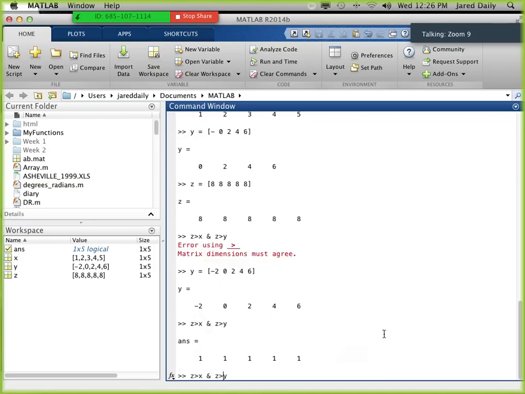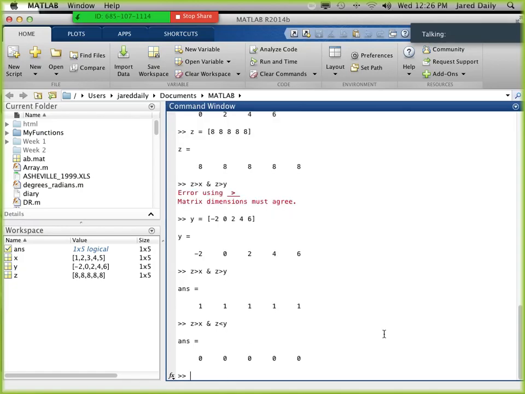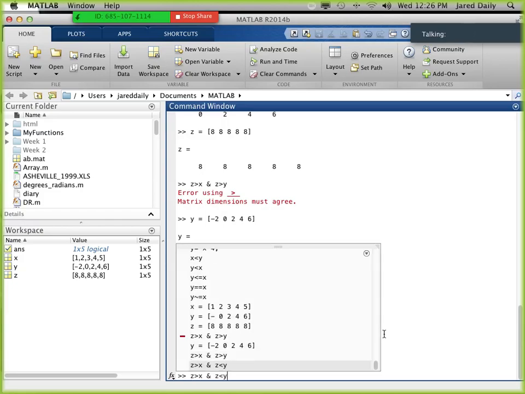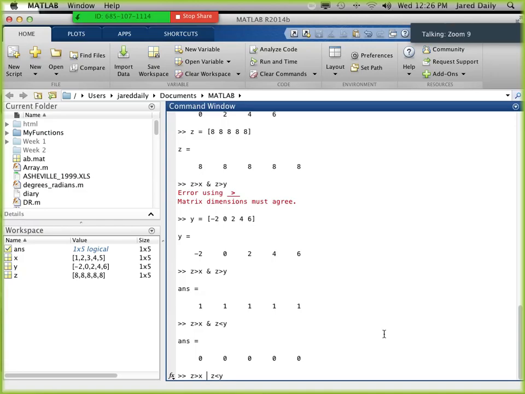Now if I ask the same question, when is z greater than x and z is less than y, it turns out that is never true. Never is z greater than x and less than y. So you've got zeros across the board there. But you could ask, when is z greater than x or?